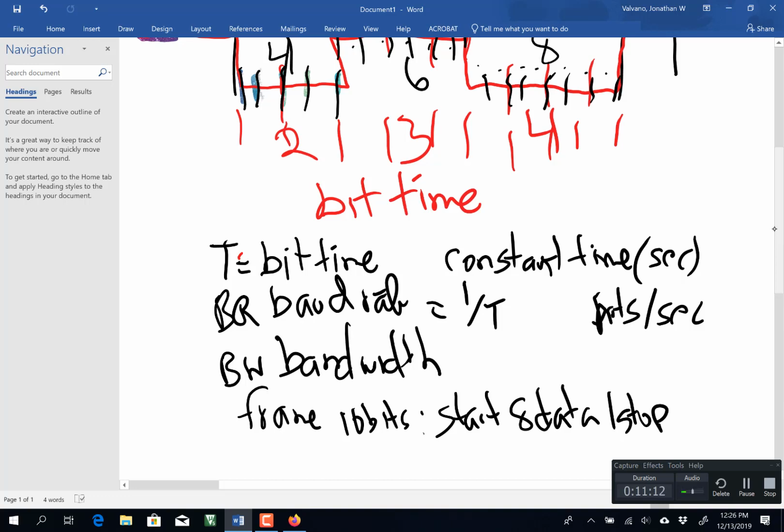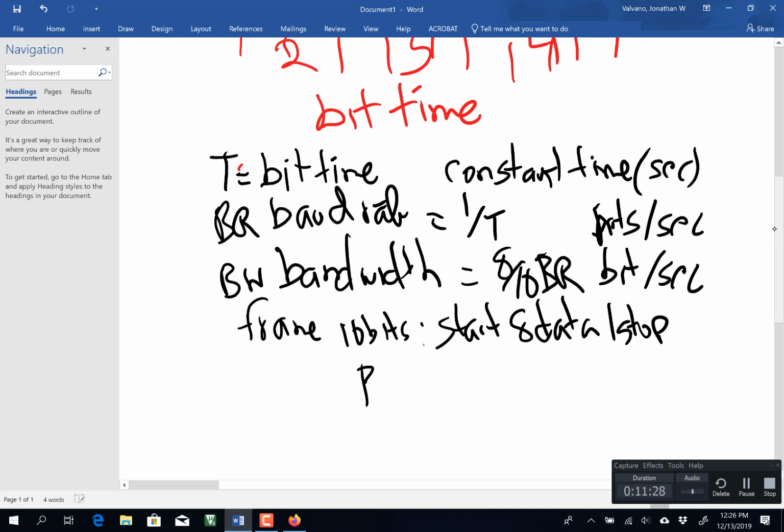So the maximum bandwidth is 8/10 of the baud rate, assuming we're in bits per second. If we're in bytes per second, it would be 1/10. The bandwidth equals 1/10 the baud rate, if this is in bits per second and this is in bytes per second, with 8 bits per byte. Does that answer your question?